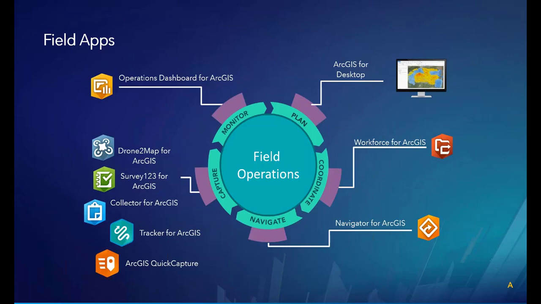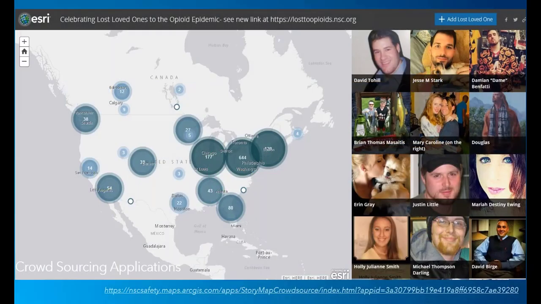Collector and Survey 123 for the field collectors, Drone2Map obviously for remote sensing, and then Tracker for capturing your field workers' locations along the way. And Quick Capture is the new one for capturing data in a really simple, easy to use tool. And Operations Dashboard, which I'll cover a little bit more in a minute, for viewing all of these different incoming layers in context.